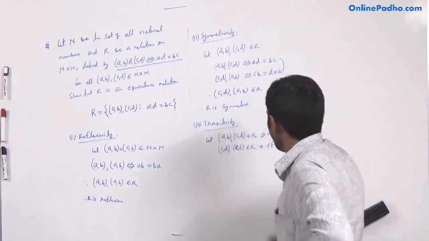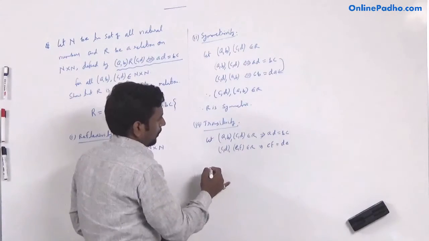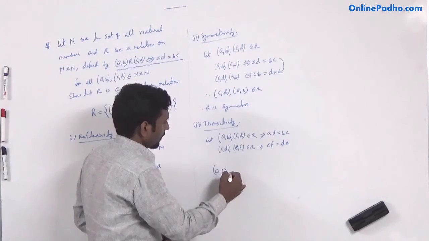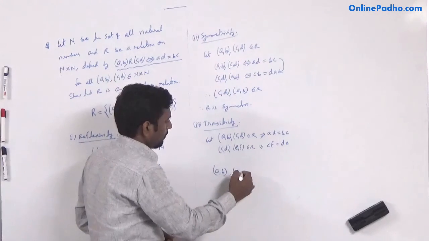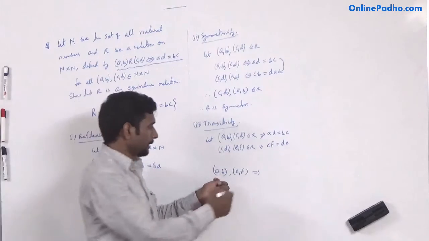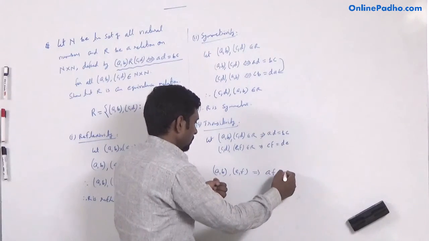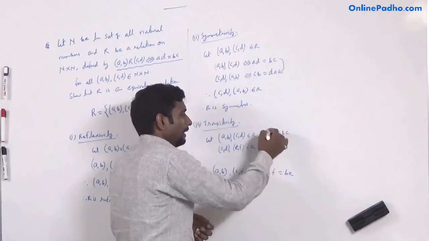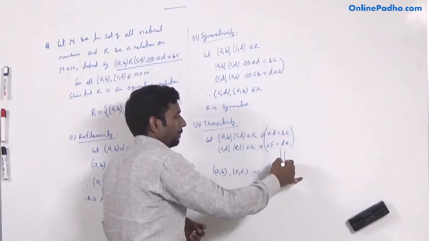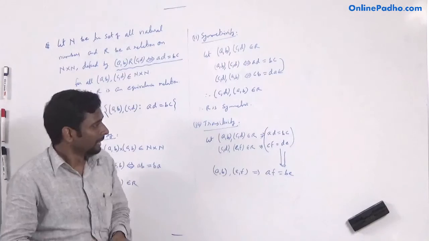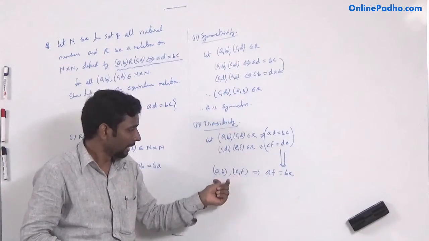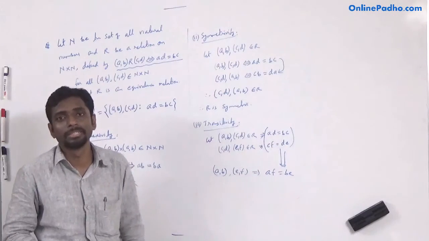We have to prove (A,B),(E,F) belong to the relation, which means AF is equal to BE. From these two relations, we have to prove this one. With the help of these two equations, we prove this equation, then we can say that (A,B),(E,F) also belong to the relation.